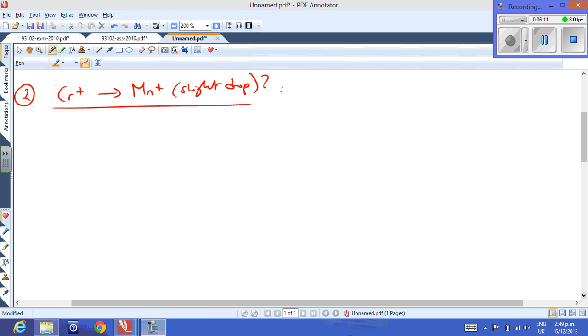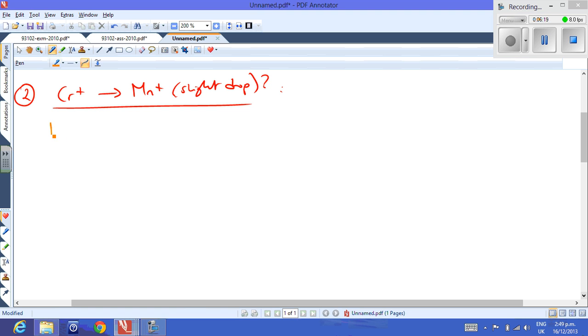I found the best starting place to work out chromium plus's electron configuration was to start with the initial electron configuration of elemental chromium. So chromium is going to be everything as far as argon, and then it's going to be 3d4 4s2.